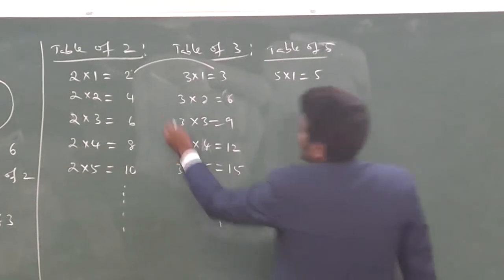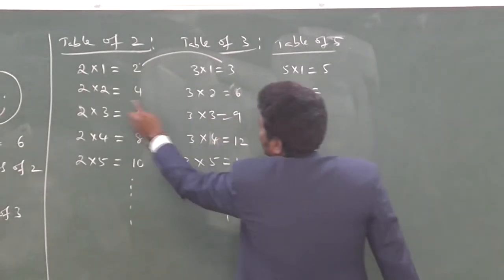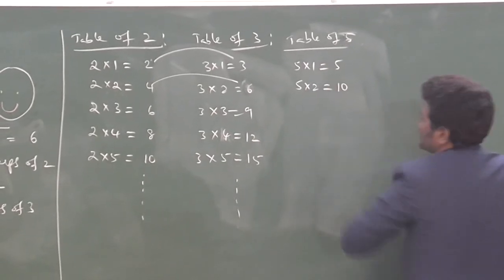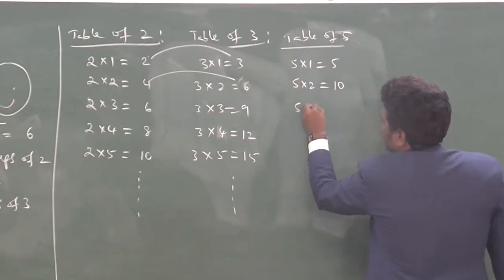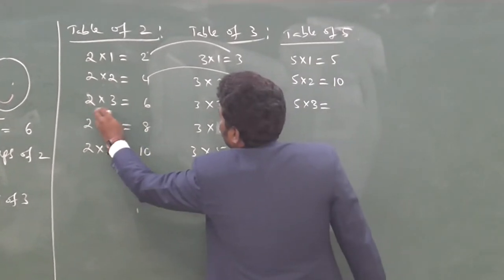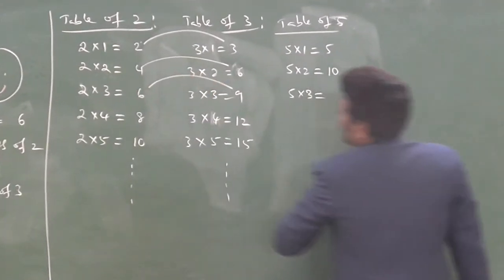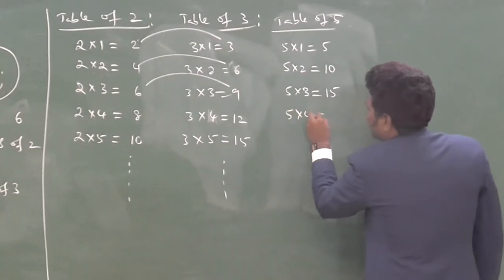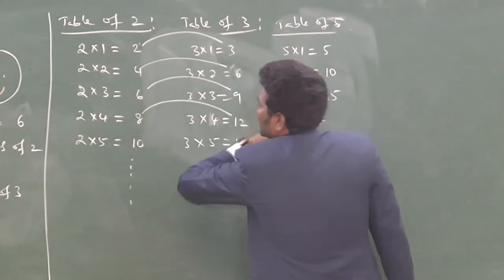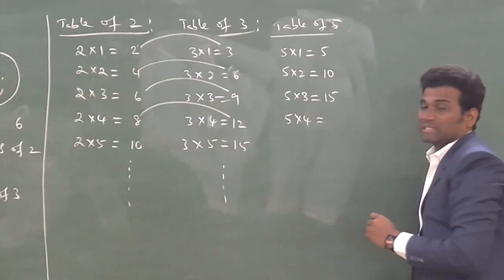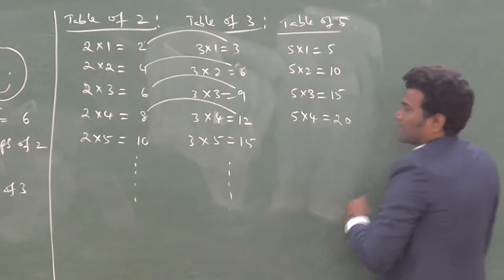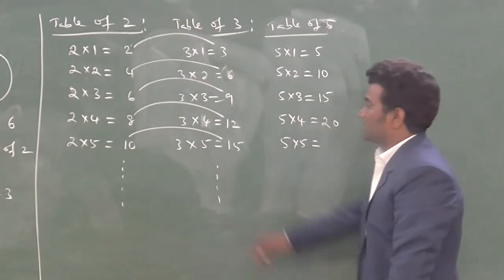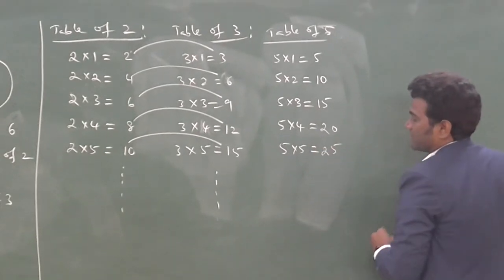So 1 times 5 is 5, and 2 times 5 is 2 times 2 plus 2 times 3. 6 plus 4 becomes 10, and 3 times 5 is nothing but 3 times 2 plus 3 times 3, which is 6 plus 9, 15, and 4 times 5 is 4 times 2 plus 4 times 3, which is 8 plus 12, 20, and 5 times 5 is 2 times 5 plus 3 times 5, 10 plus 15, which becomes 25, and so on.